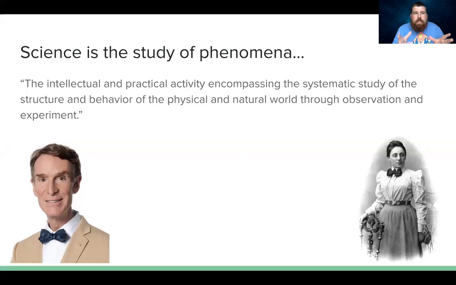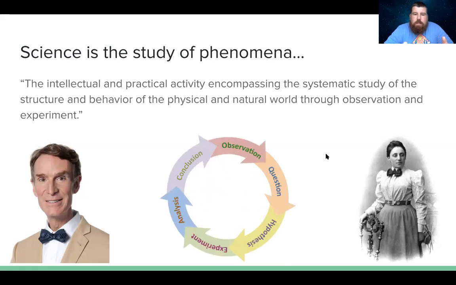When we're approaching science, we're trying to explain something in the natural world, something that is out there. Why does matter behave the way it does, for us specifically in our chemistry class?